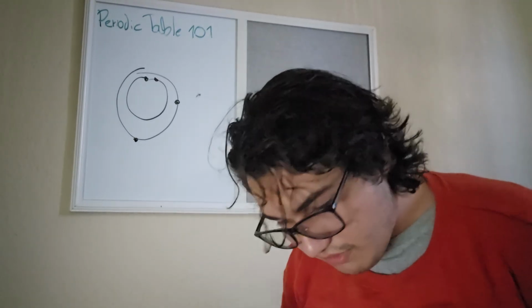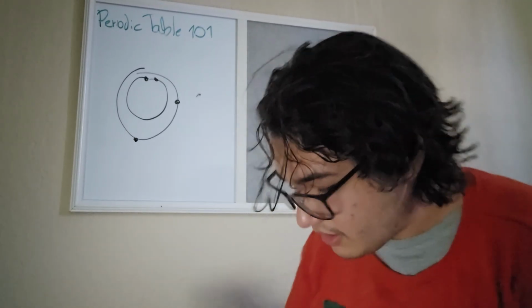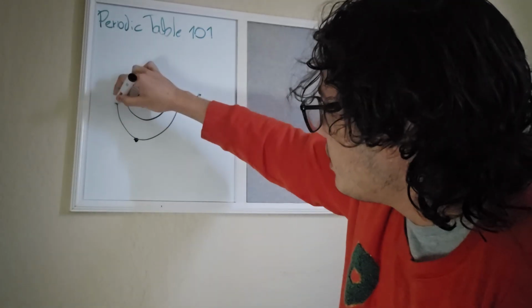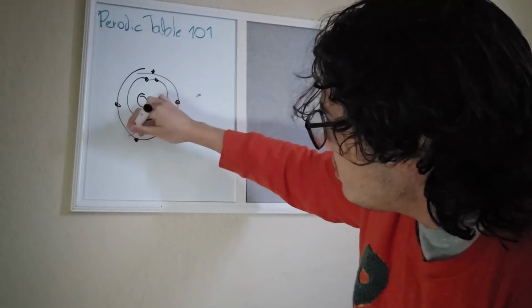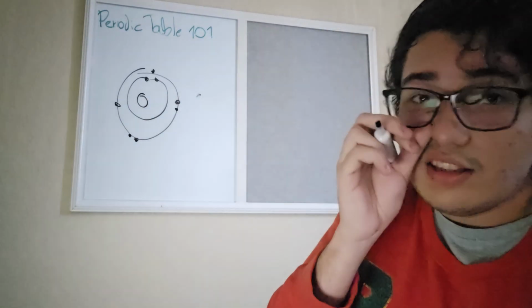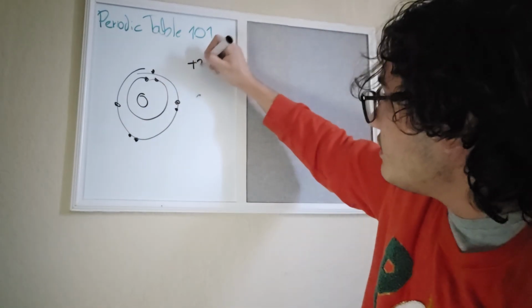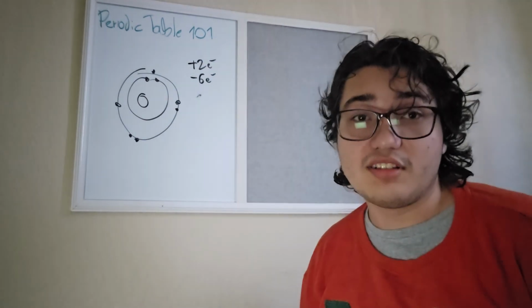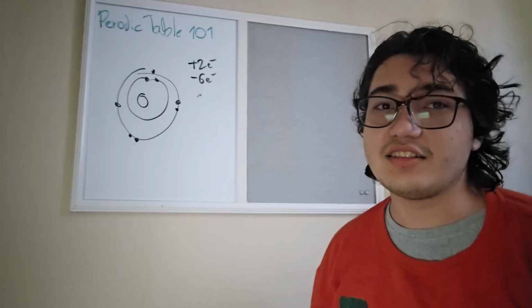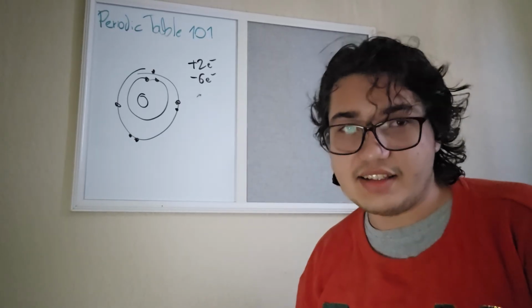But what if it wasn't beryllium and it was oxygen? Now oxygen has 6 outer electrons, so now it gets the option of either adding 2 electrons or losing 6 electrons. And of course, it's going to choose to add 2 electrons because it takes less energy.